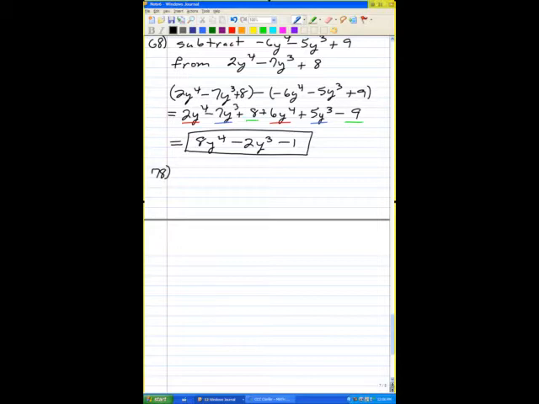And so I have here negative 10t squared minus 6t minus 5 minus 10t cubed minus 5t minus 5. Okay, so let me subtract these.